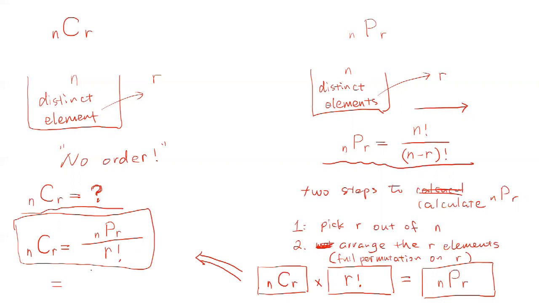Or you can expand it as n factorial divided by n minus R factorial. This is PNR, right? This number divided by R factorial. This is the equation we use to calculate CNR. Okay, any questions?